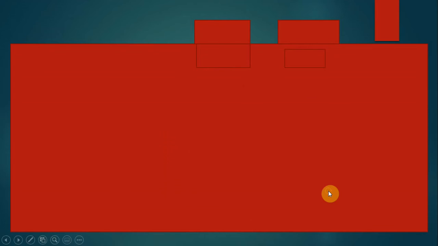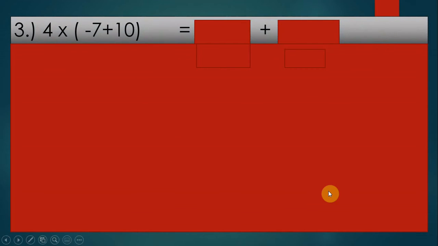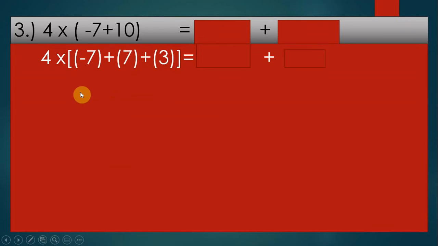Okay, here is the third example, 4 times quantity negative 7 plus 10. Again, when we solve this through PEMDAS, we have 4 times negative 7 plus 10.